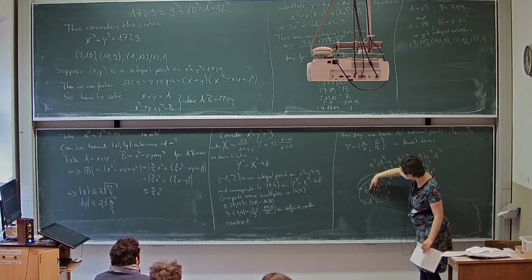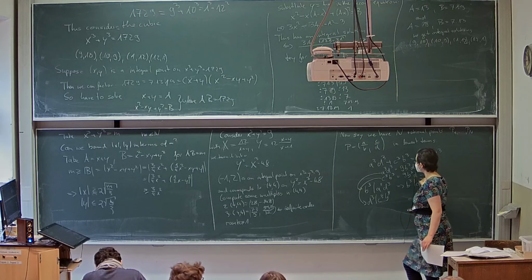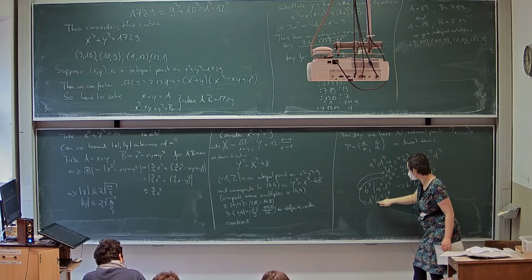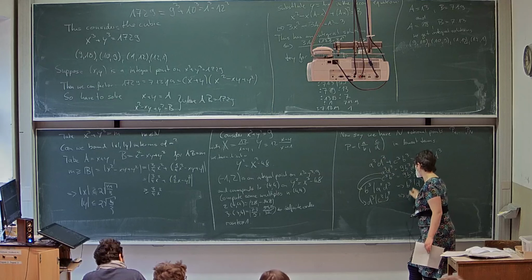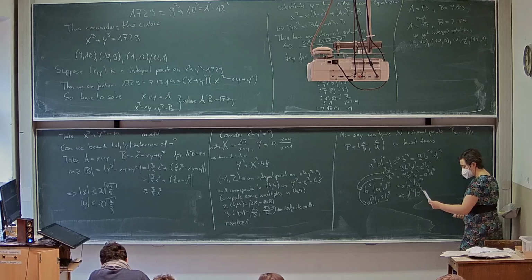But a and b are coprime, so b cubed divides d cubed, and c and d are coprime, so d cubed divides b cubed, so they are the same.